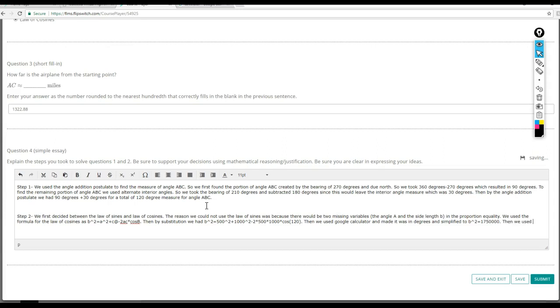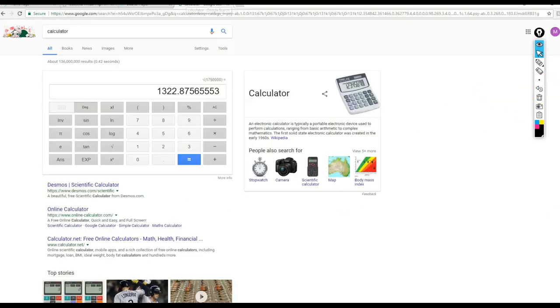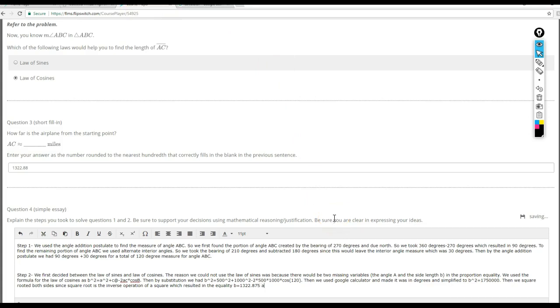Then we square rooted both sides since square root is the inverse operation of a square, which resulted in the equality B equals 1,322.875, which rounds to 1,322.88.